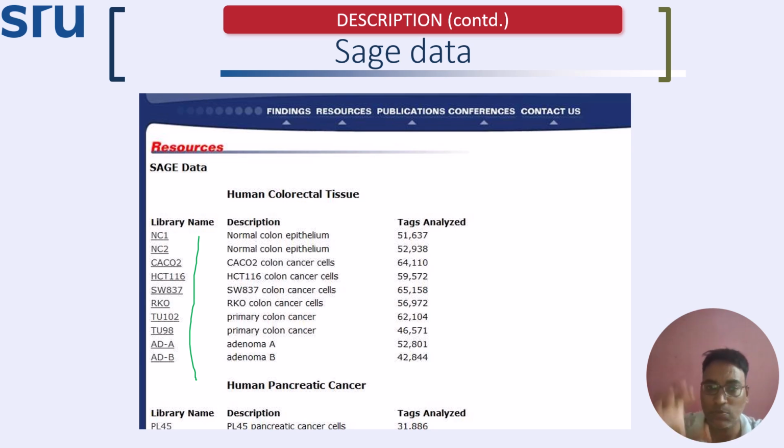This page was very long. I have just shown you a snapshot here, but this data is very big.